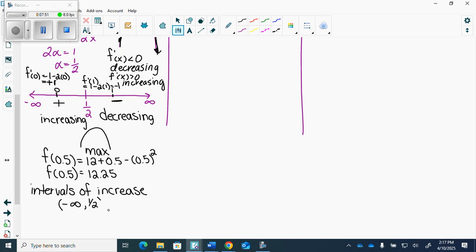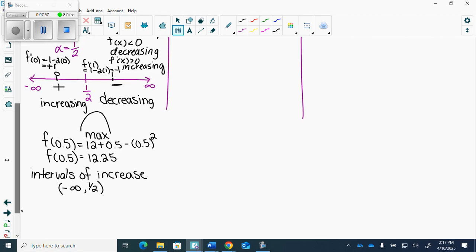That's a domain, just rounded brackets, because it's not increasing at negative infinity, right? So we put rounded brackets. And then intervals of decrease: one-half to infinity.